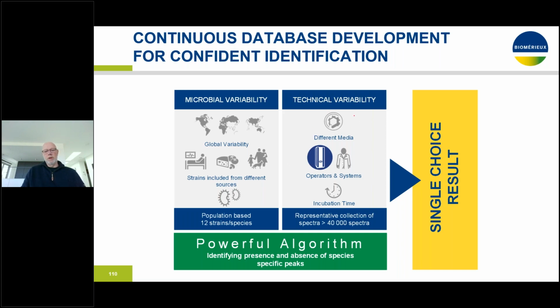You need to culture your bugs from your population-based approach on different culture media in order to ascertain that certain peaks are only produced or not on a given culture medium. And you need to play with operators and systems to make sure that if you use mass spectrometer A or B from the same manufacturer, they perform in a similar fashion.